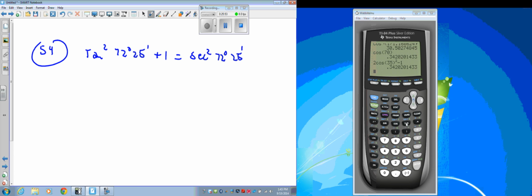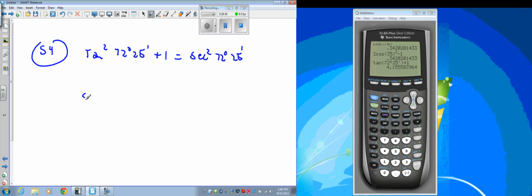So the first one we can do tangent 72 degrees 25 minutes. Then secant squared: because secant's not on the calculator, I'm going to have to use cosine.